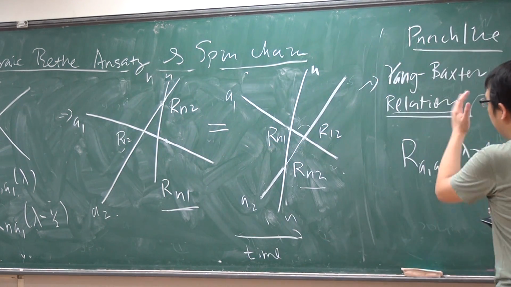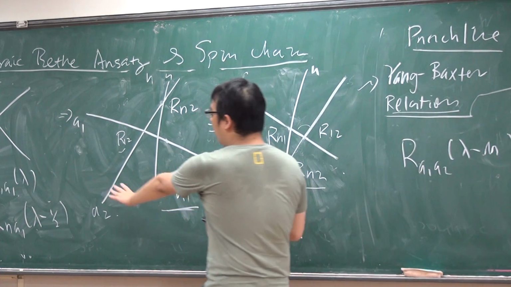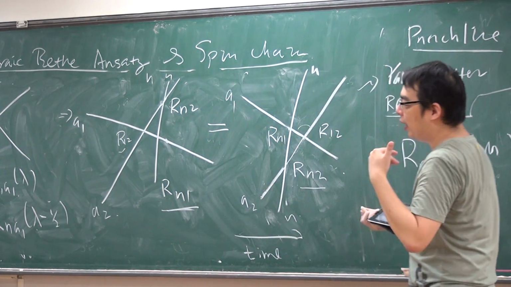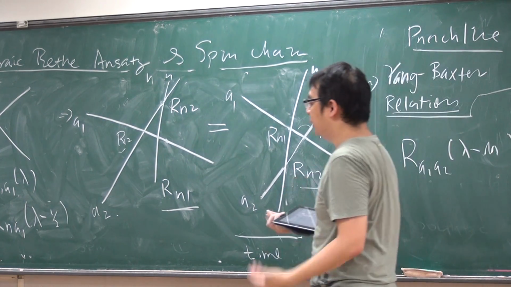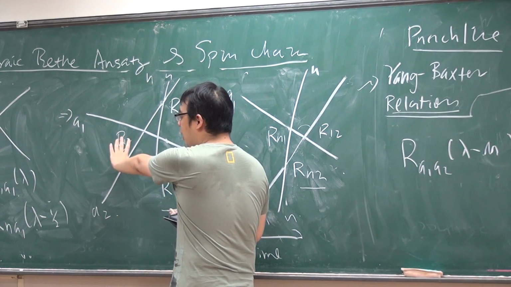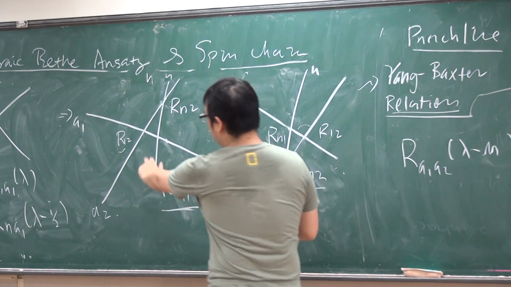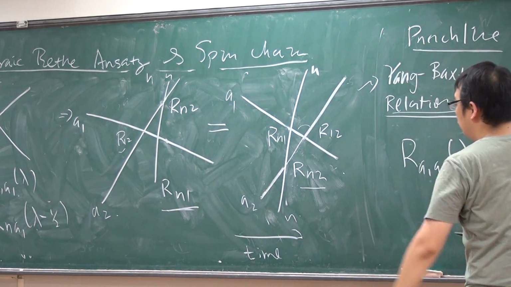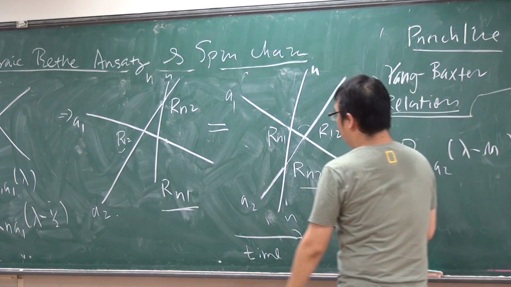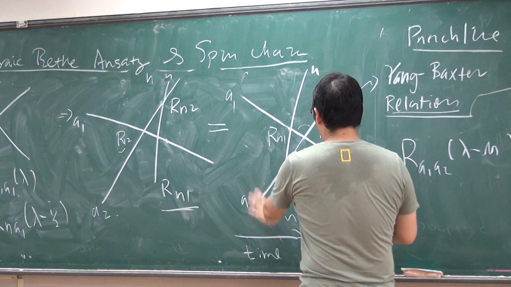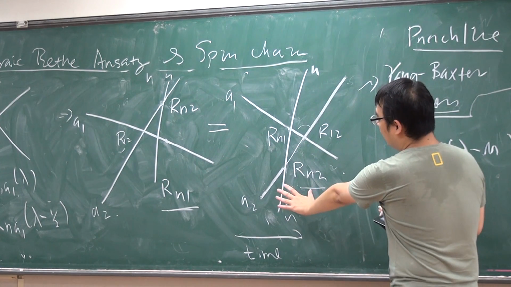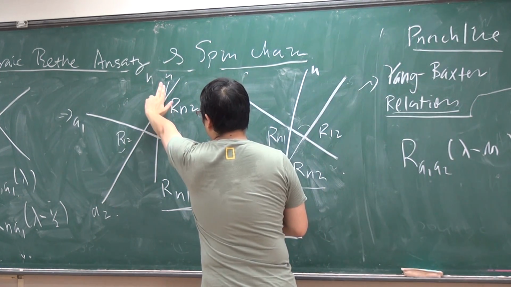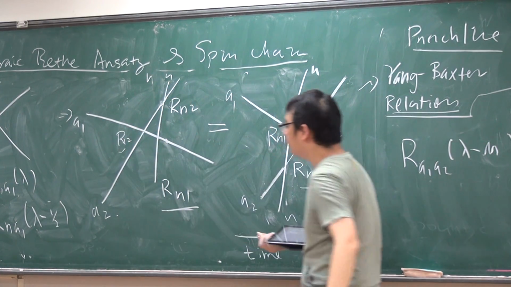This diagram tells you that even if you have a 3-body scattering, it doesn't matter: you can factorize the scattering process into pairwise scattering, each taking place at those vertices here, and it doesn't matter in which order you place, say, this line here.